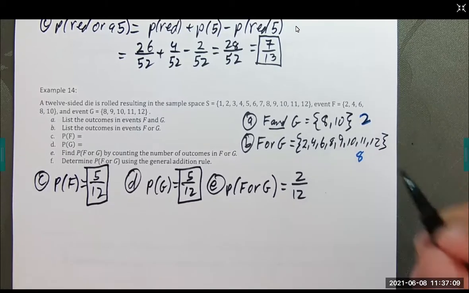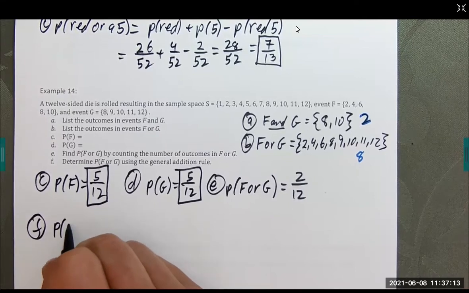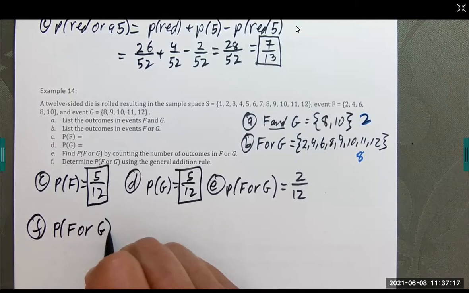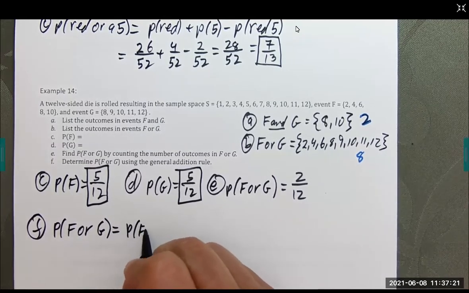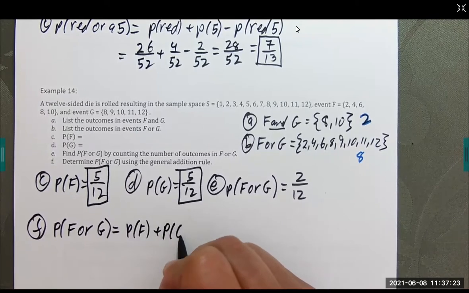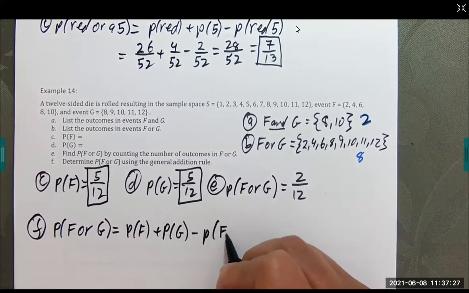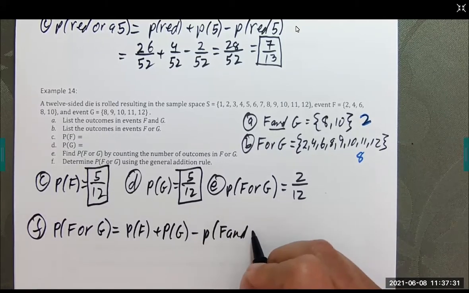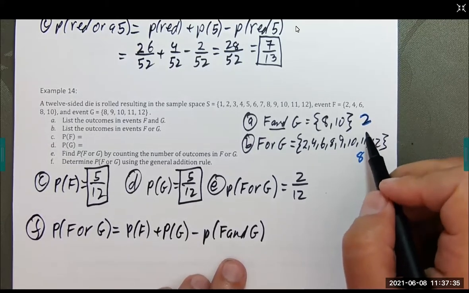So part F says the probability of event F or event G using our new rule. So that's going to be the probability of event F plus probability of event G minus the probability of event F and G, which we have 2 of those.